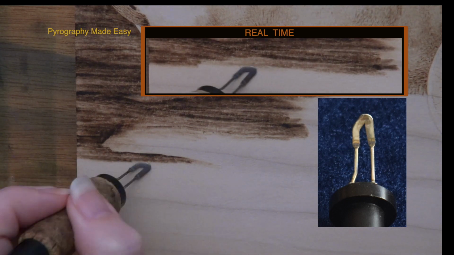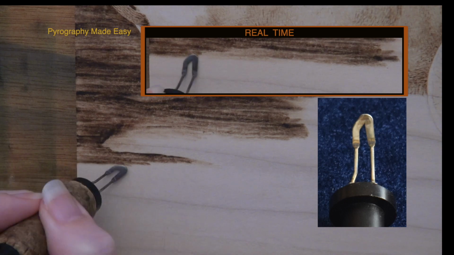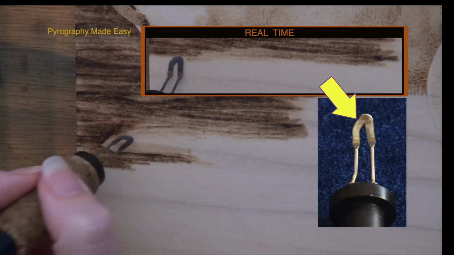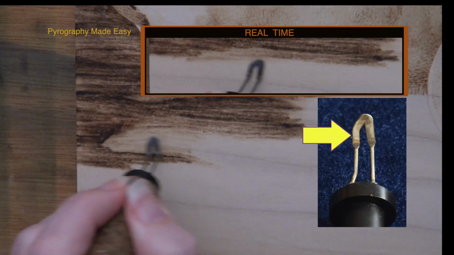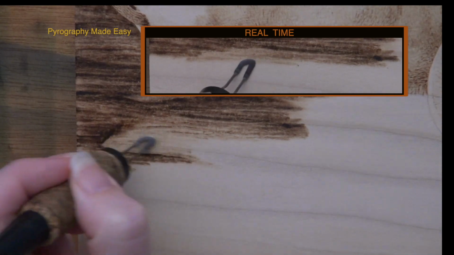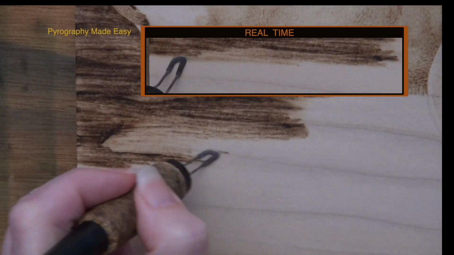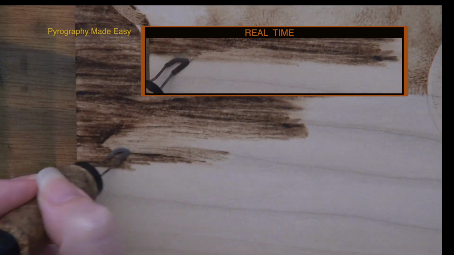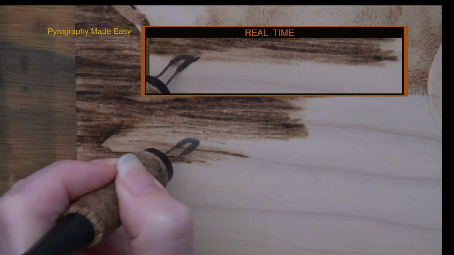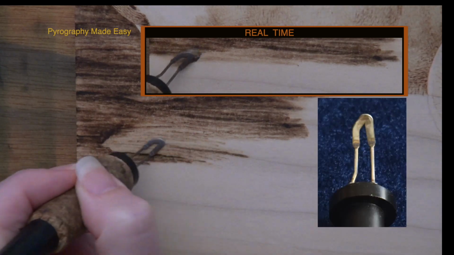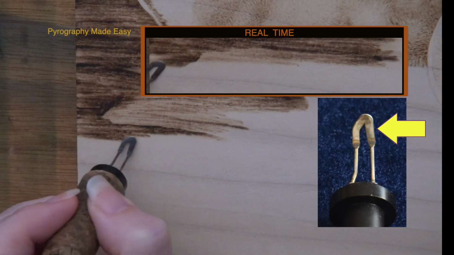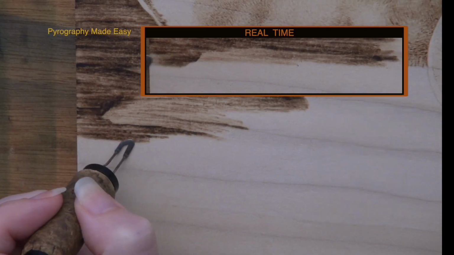It has 4 burning sides that are of different sizes: the front edge, the angled short edge, the shorter left edge, and the longer right edge. As I said before, the more metal you have in contact with the wood, the wider the burn stroke will be. With this particular pen tip, the right edge has the ability to produce the widest burn stroke.